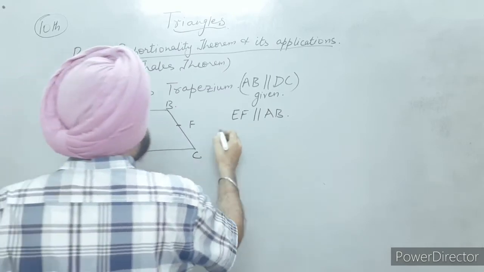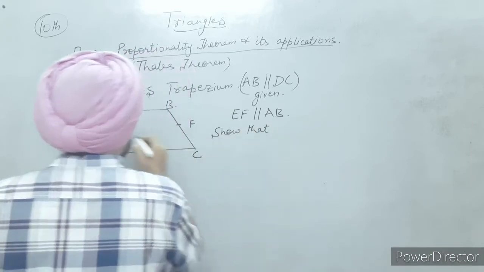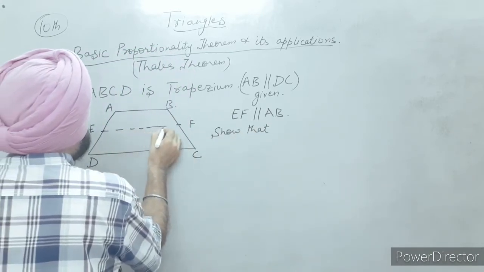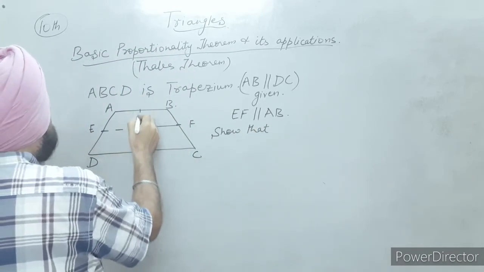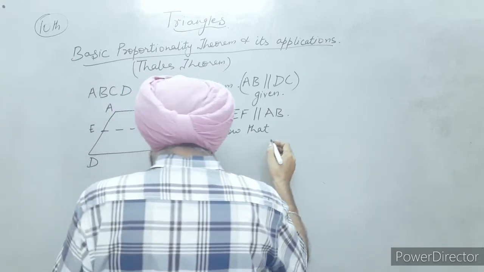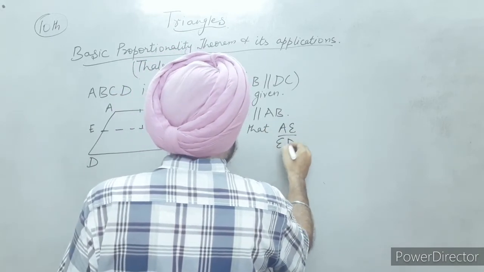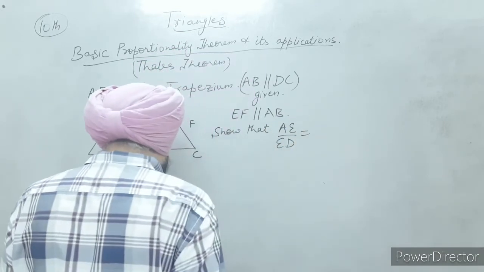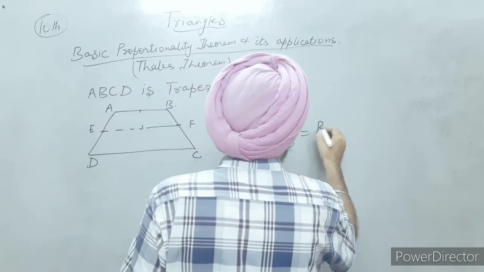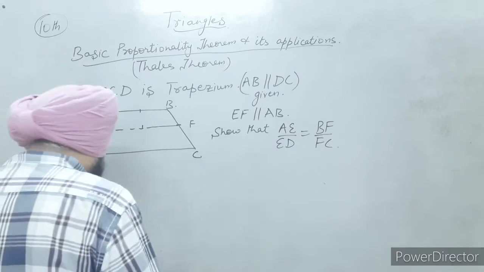Show that, this we have to prove. Let me join this. EF is parallel to AB. This is given to us. Show that AE upon ED is equal to BF upon FC.